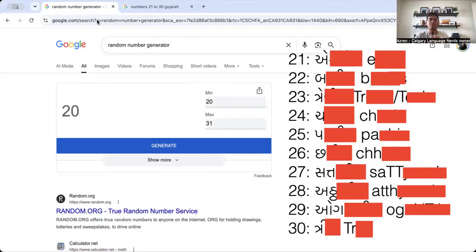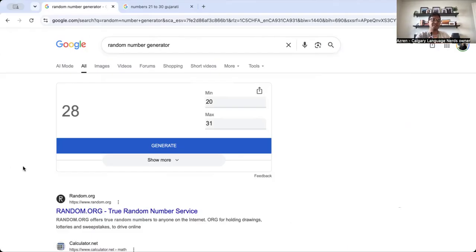Anyway, 20. Vis. We did 25 already, let's skip that. 22. Bavis. 28. Ooh, that's a good one. Athyavis. Okay, let's do this without any visual aids. Keep going.